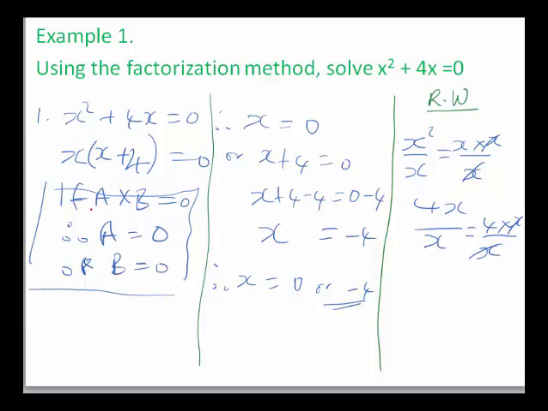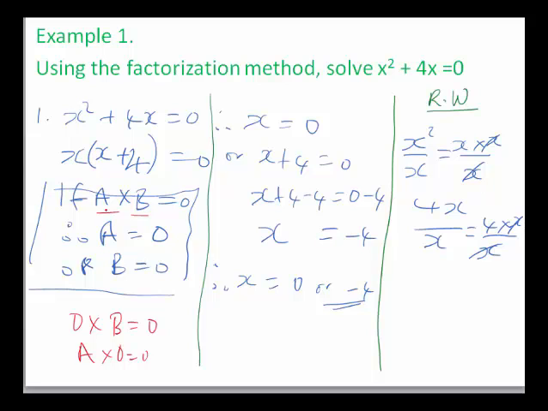If you have a times b to be 0, it means that a is 0. In that case, it will be 0 times b. 0 times b will be 0. Or at any point in time, b is 0. In that case, it will be a times 0, which is what? 0. That is the concept, the basis for solving factorization method.